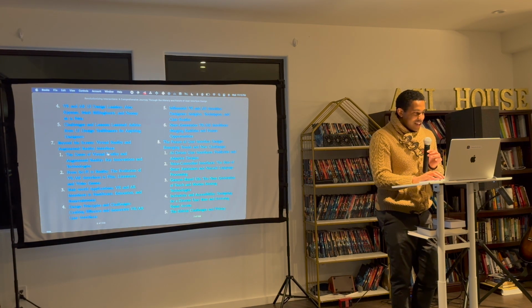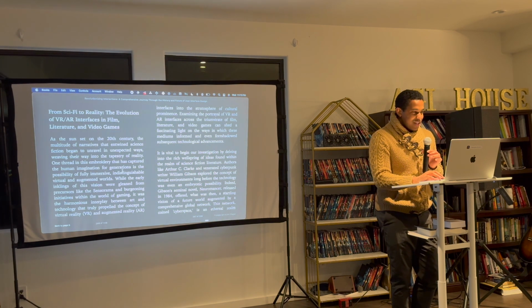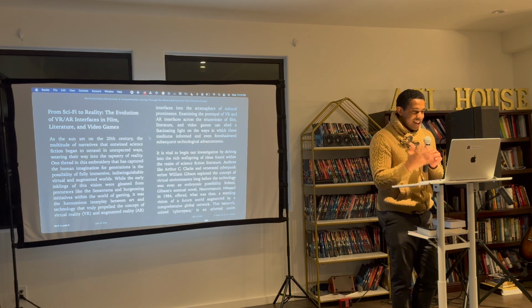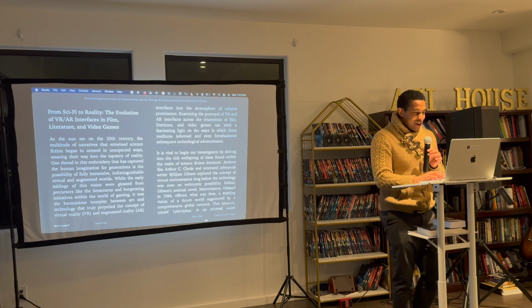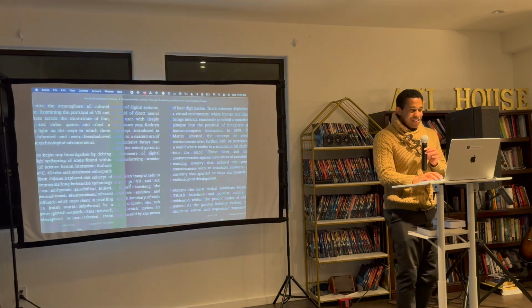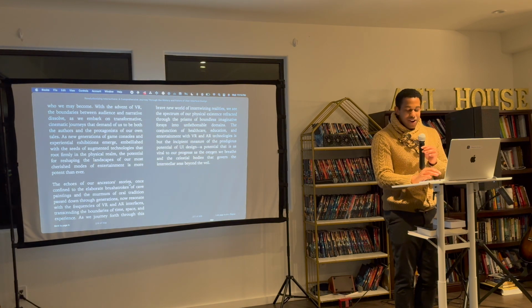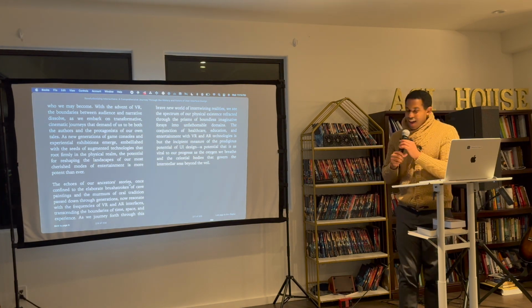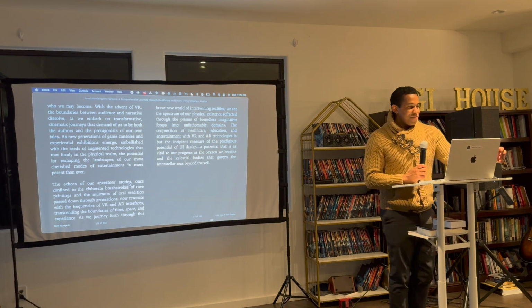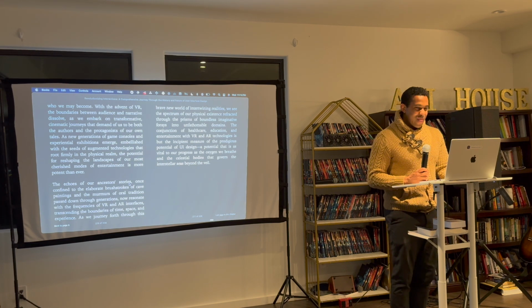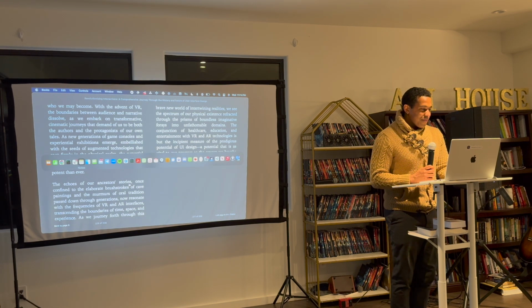There's also From Sci-Fi to Reality, where we can see what Arthur C. Clarke and William Gibson imagined in their sci-fis. Globally speaking, we have a generated UI design book.